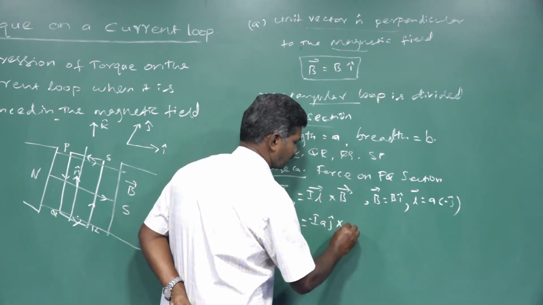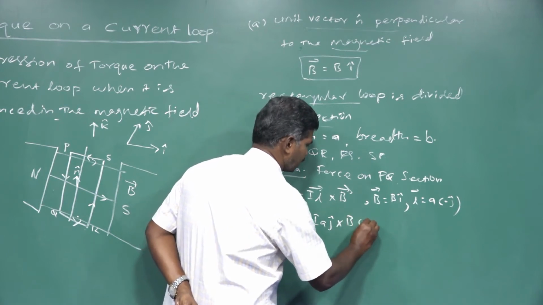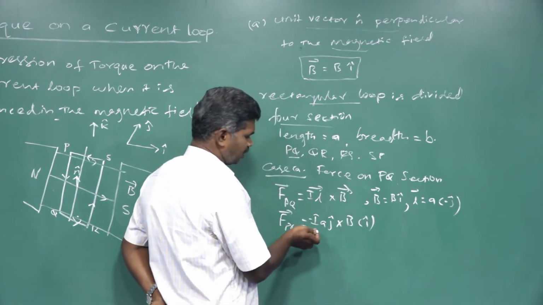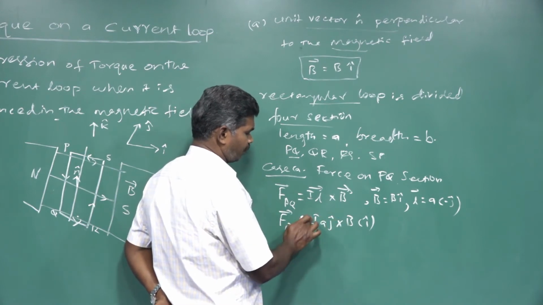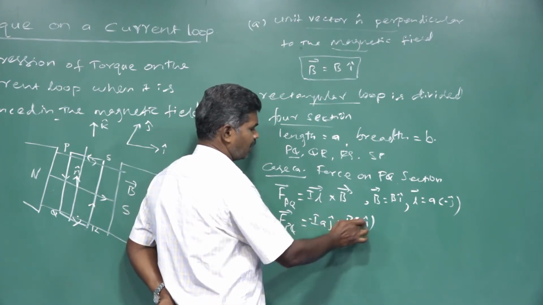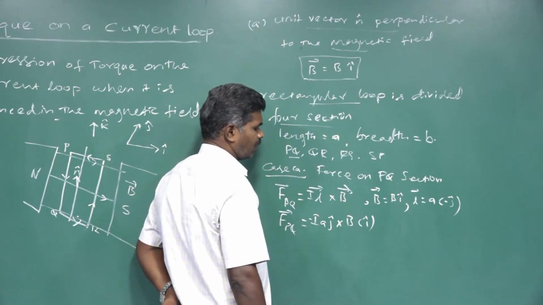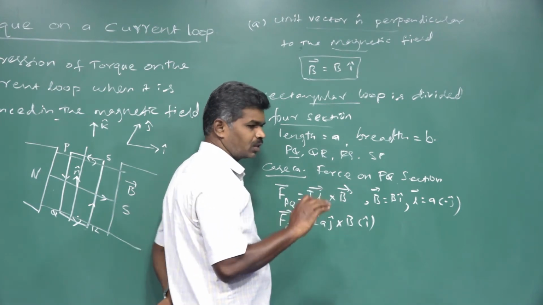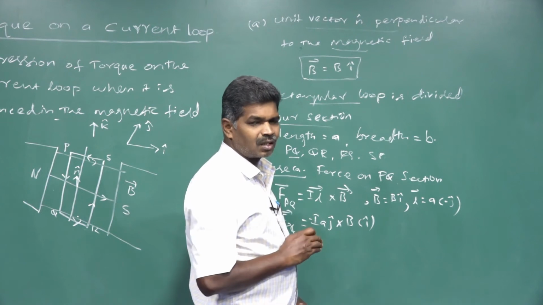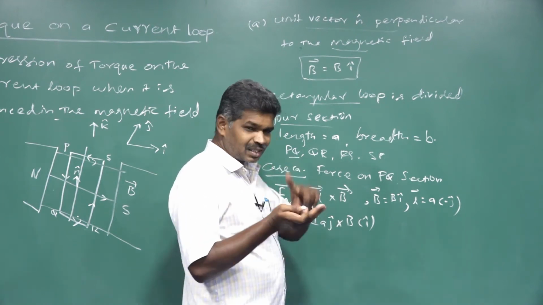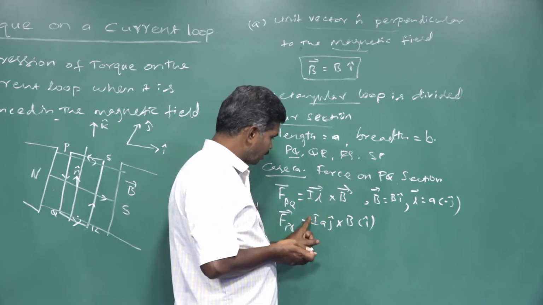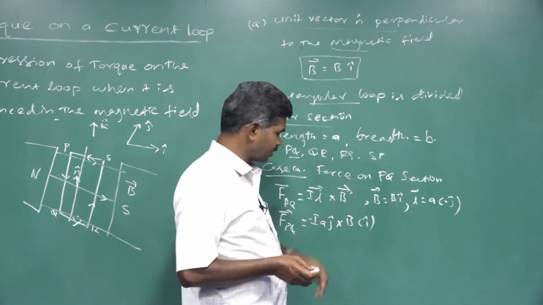cross B i cap. I, a, and B are taken out, leaving minus j cap cross i cap. We know j cap cross i cap is minus k cap, and multiplying by the minus gives plus k cap.